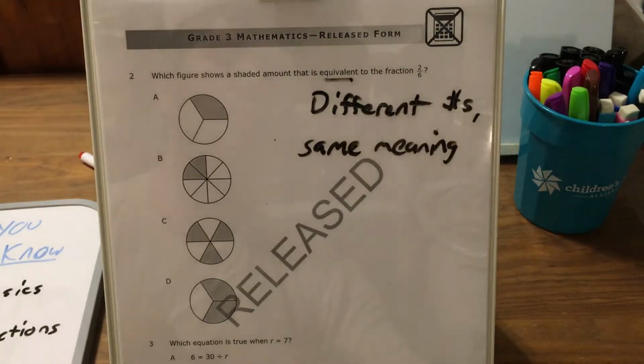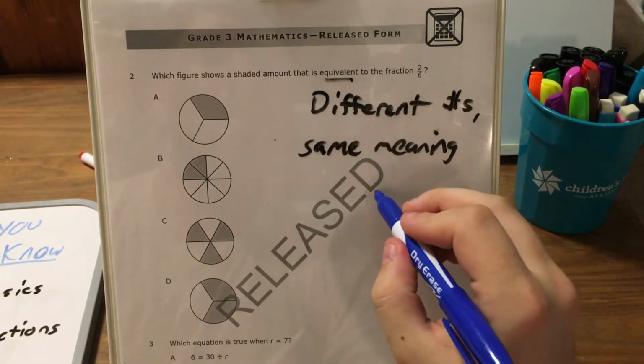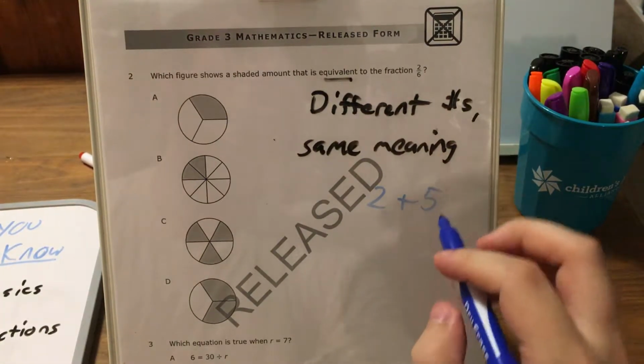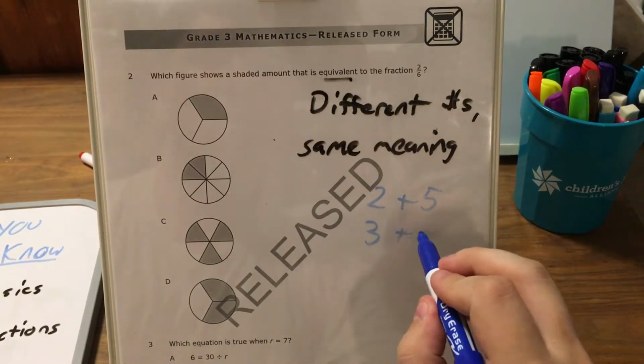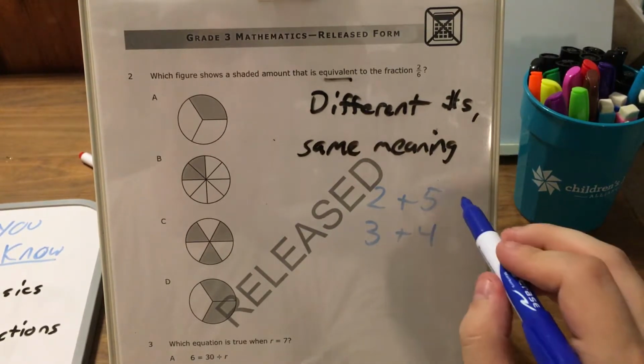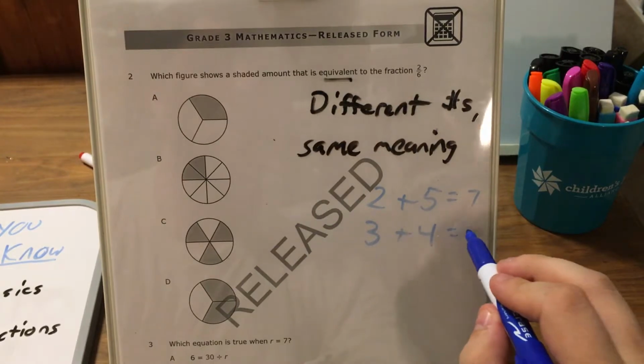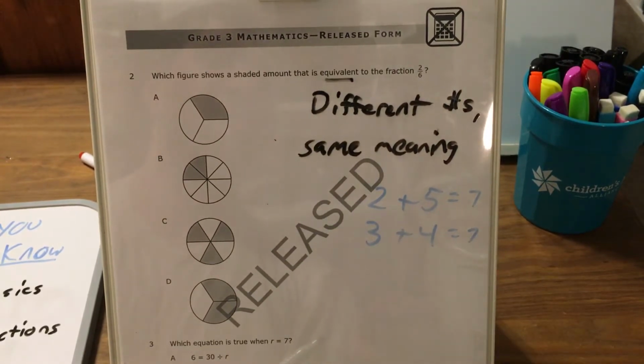So if I were to write 2 plus 5 and 3 plus 4, both of these equal 7.